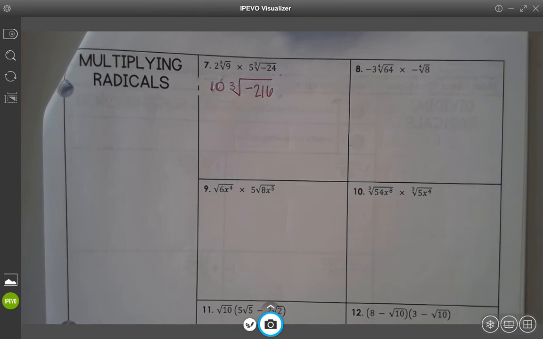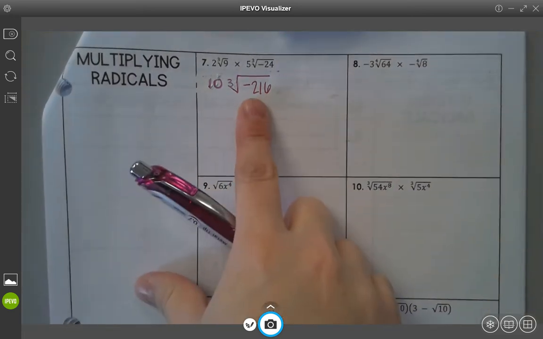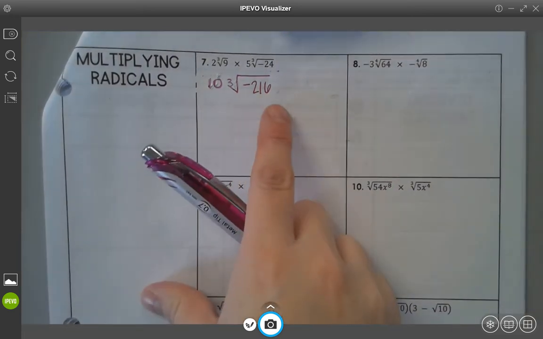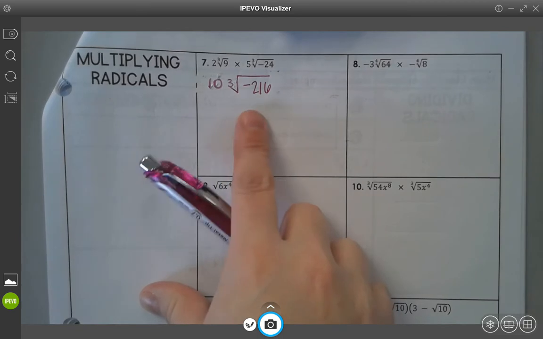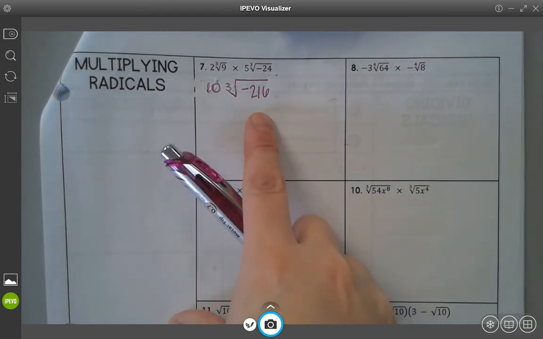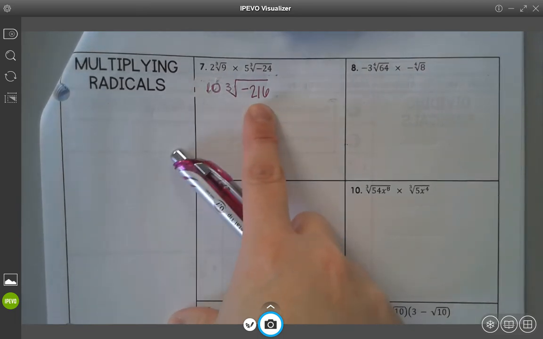It's a perfect cube. You probably can recognize perfect squares pretty easily. You should be kind of not necessarily memorizing your perfect cubes, but if you see a number, you should say, I think that's a perfect cube. Because when it's a perfect cube, you don't need to split it apart.